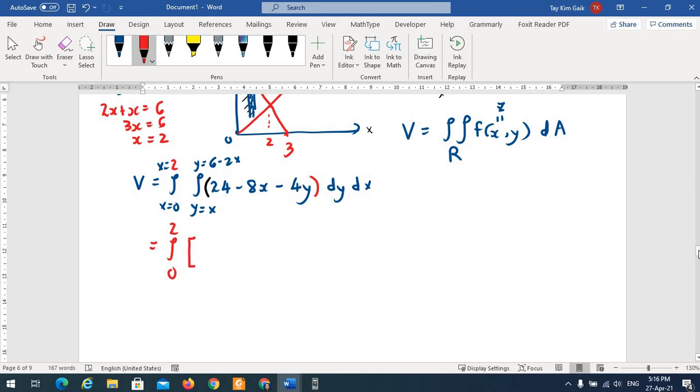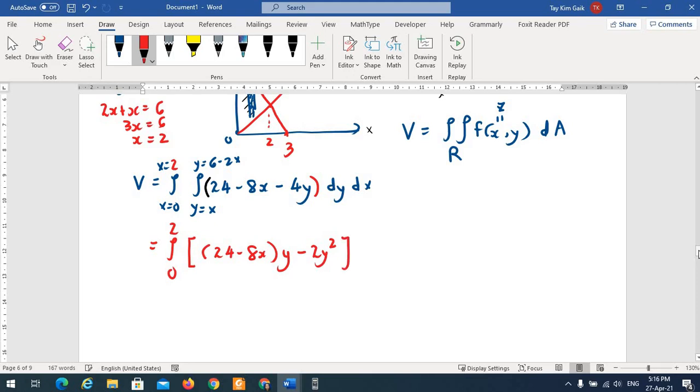When you integrate with respect to y, 24 and x are constant. So I will group together 24 minus 8x as a constant. Integrating a constant with respect to y gives constant times y. Integrating negative 4y, you get negative 2y squared, since y squared divided by 2 and 4 divided by 2 gives 2.